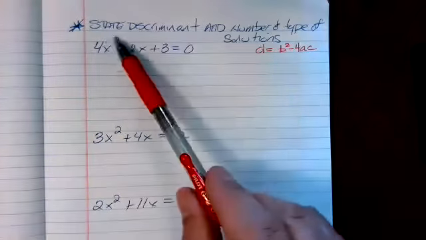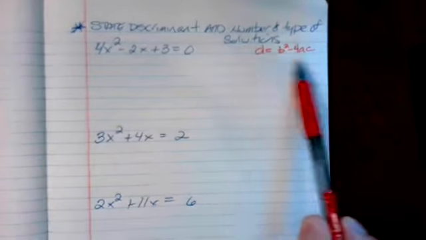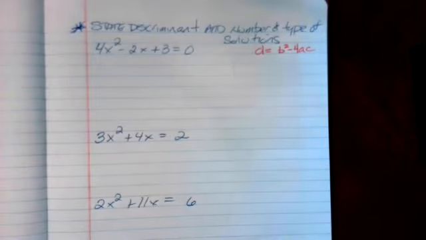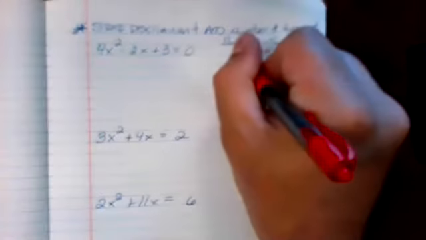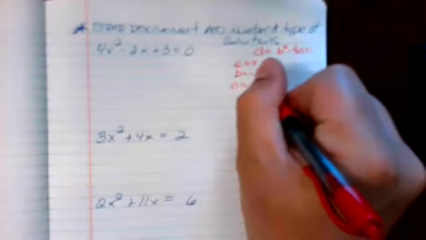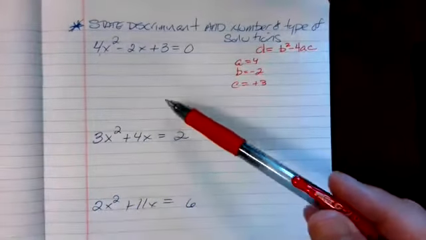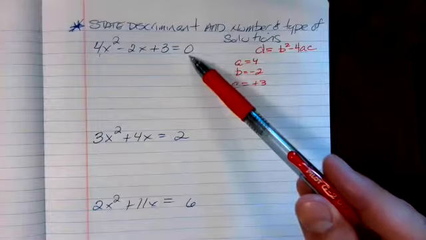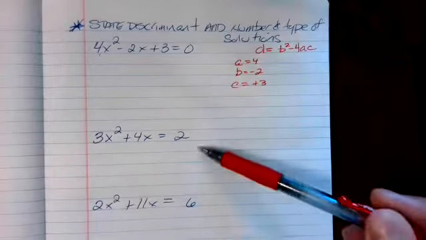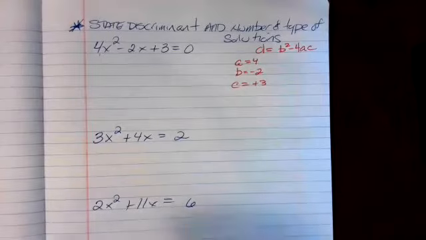So in this first example, if you have to state the discriminant and the number and type of solutions, this is our discriminant formula. So you know that A is 4, B is -2, and C is +3. You want your quadratic equation to be in standard form, which means it's set equal to 0. And then we just substitute the values into the formula.